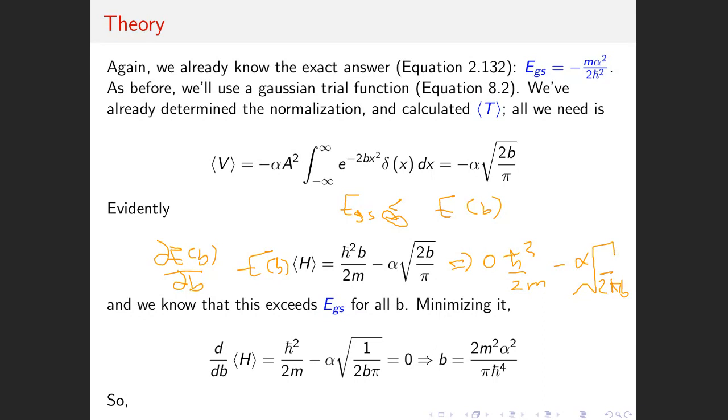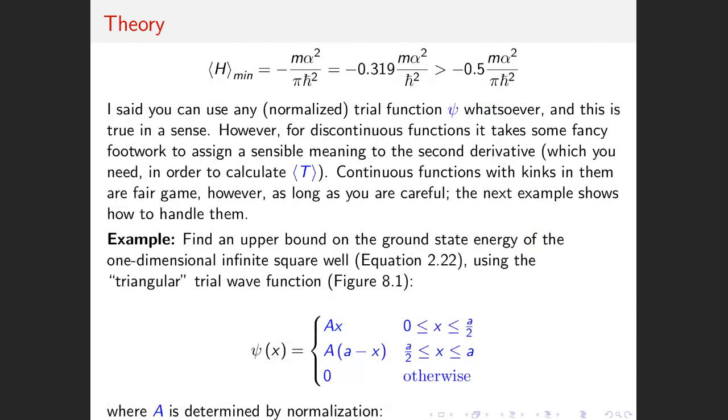You solve for the parameter b. Once you have the parameter, just plug it back into the expectation value. In this case, you don't get the exact thing, because the wave function, I don't think, is Gaussian, but you get something like 1 over pi, 0.31 minus, and this is greater than that, so even that is correct.